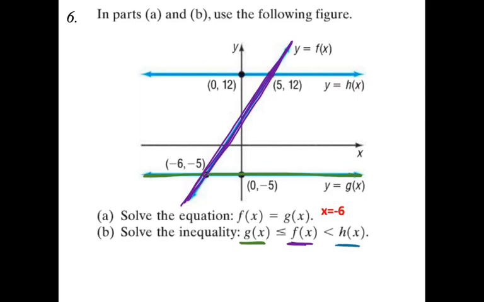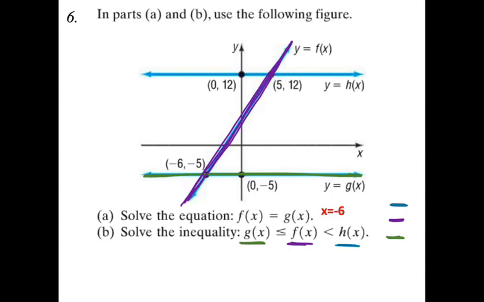And the question is this: we're looking for where the function values, the y values of g of x, are less than f of x, which is less than h of x. So if we're actually looking graphically, we're looking for the place on the graph where the blue line is above the purple line, which is above the green line. And I know that's not mathematical, but that's kind of a good way to visualize.